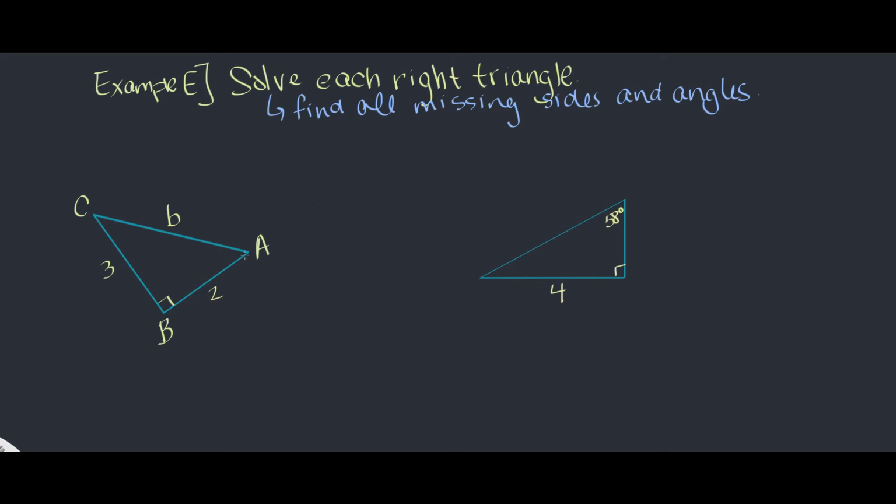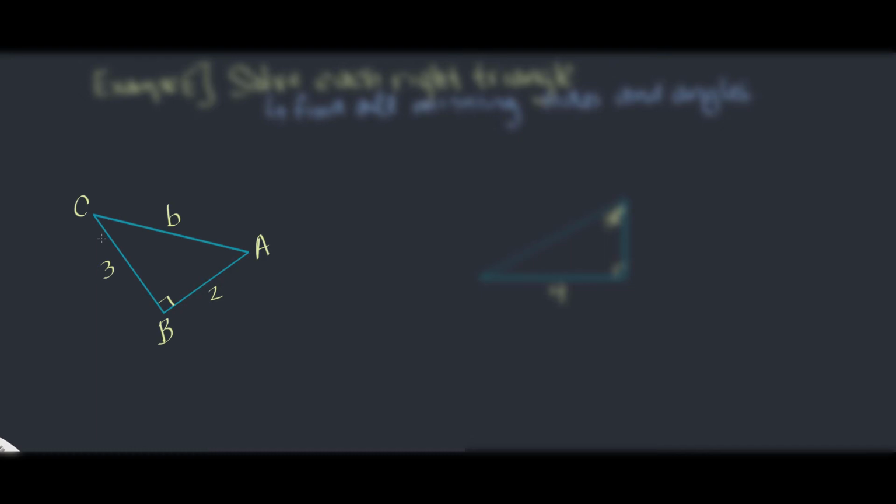For example, this one on the left, triangle ABC, we have two sides. We don't need trigonometry to find the third side because we can use the Pythagorean theorem. Not only that, we can't use trigonometry to find the third side at this point because we don't have anything except the right angle. So we might as well just use the Pythagorean theorem.